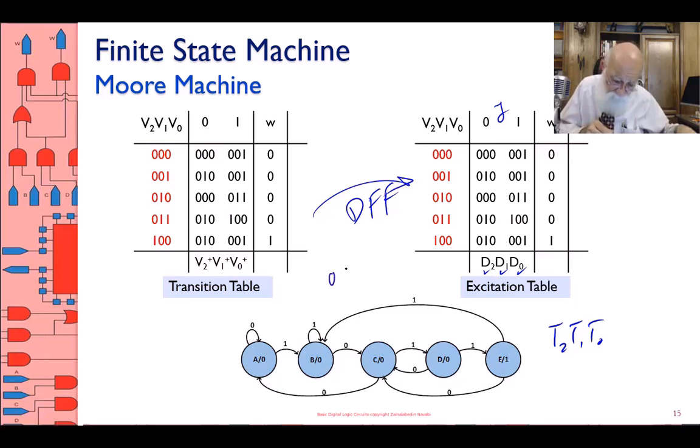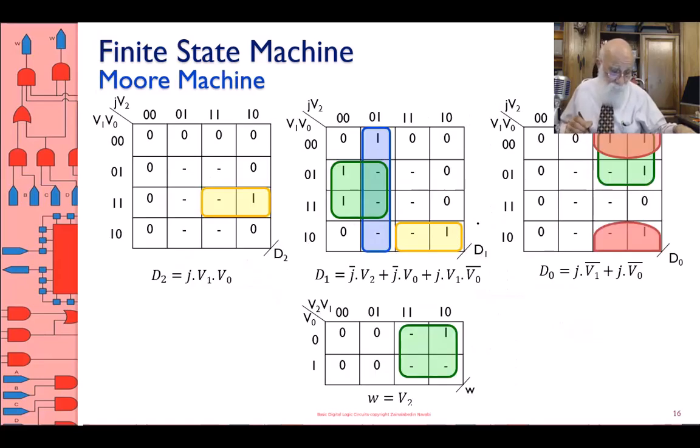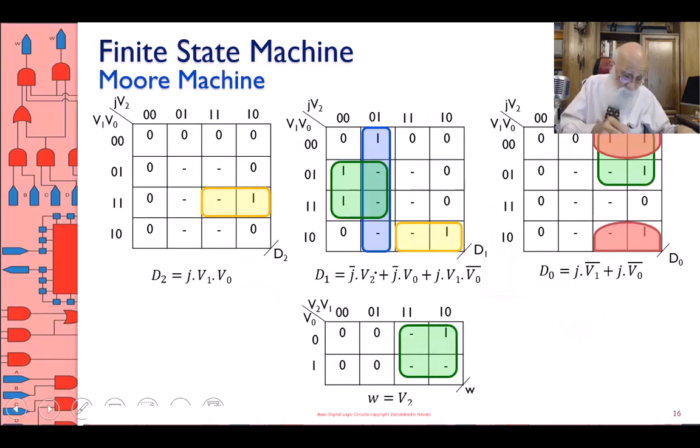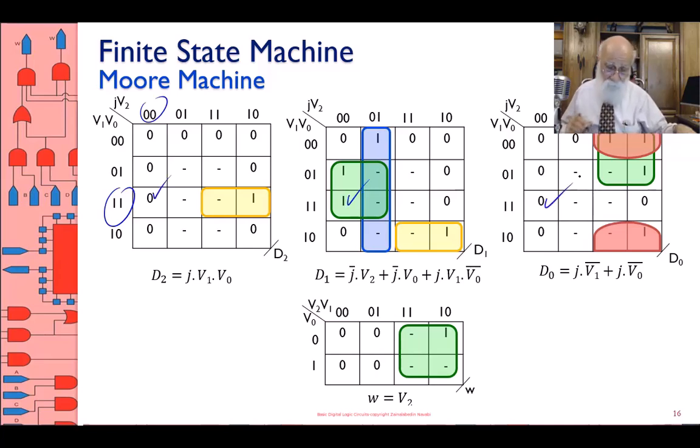That means 0, 0, 1, 1. I want 0, 1, 0. I just take those values and put them in these Karnaugh maps. We'll continue in a few minutes.